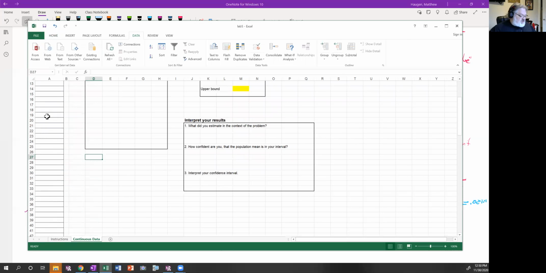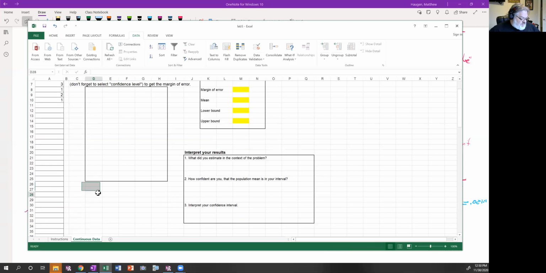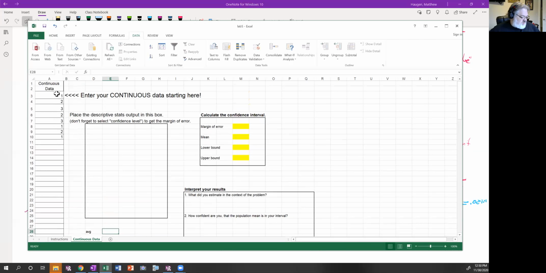again, if it's me, let me put some data in here. How do we find a confidence interval? We find an average, right? Right, you're finding an average.